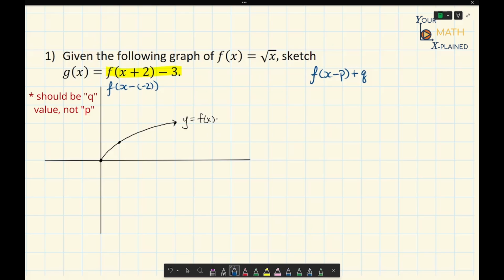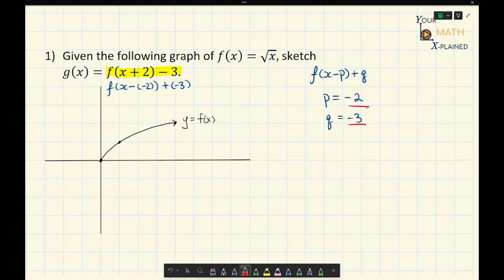And our q-value is negative 3 because we're adding negative 3. So this tells us that our p-value is negative 2 and our q-value is negative 3. So what that means is our original graph is going to be shifted 2 units to the left and 3 units down.